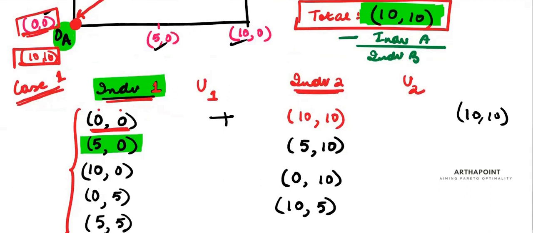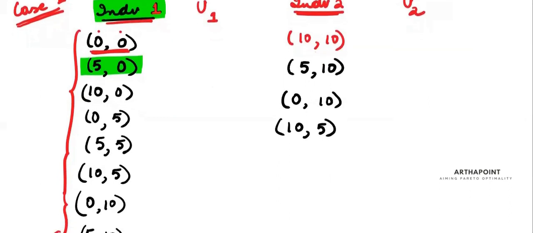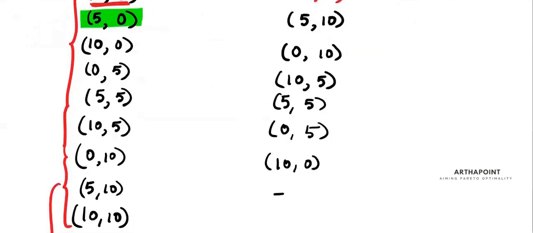because that is what will be a point in my Edgeworth box. Total should always be 10, 10. That is what my Edgeworth box will always represent. So just fill this up quickly. 5, 5 will have correspondingly 5, 5. 10, 5 will have 0, 5. 0, 10 will have 10, 0. 5, 10 will have 5, 0. 10, 10 will have 0, 0.